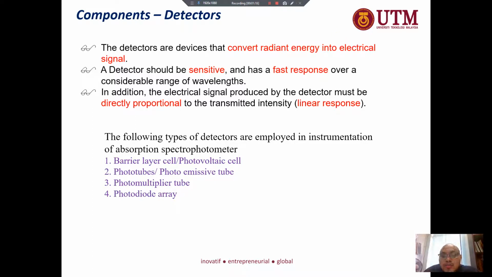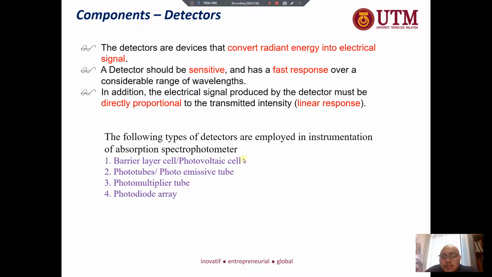And of course, a detector should be sensitive and have a fast response. We don't want our detector to be less sensitive. And the third one, it must be directly proportional to the transmitted intensity. It means that if the transmitted intensity is higher, we need a higher electrical signal, so it must be linear with the intensity.